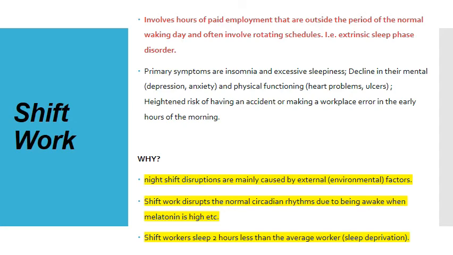Because they want to sleep when their melatonin is low, so they should be awake, they tend to actually have 2 hours less sleep on average than workers who just work during the day. And of course, what occurs then is they tend to have chronic sleep deprivation. And again, like all of these circadian phase disorders, you tend to have those sleep deprivation effects.